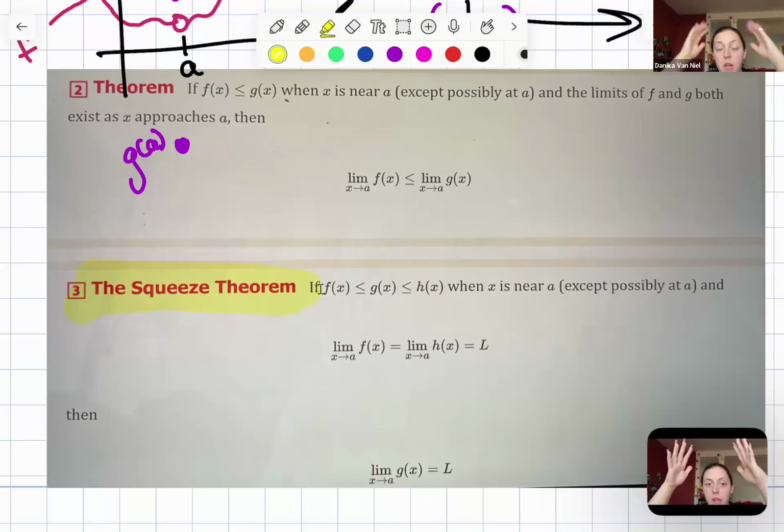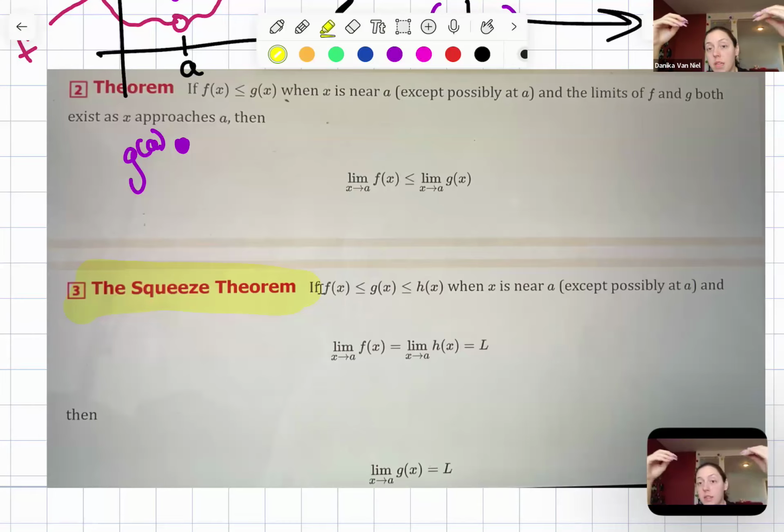But why is this helpful? There's going to be a lot of times where they hand us something and we're like, geez, Louise, I don't know what the limit of this thing is. But then you think about the squeeze theorem and say, I do know a function that's always bigger than or equal to this function and a function that's always less than or equal to this function, and I know how to take the limits of those ones.